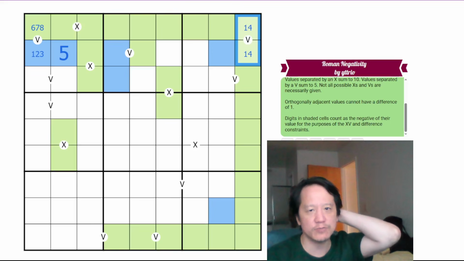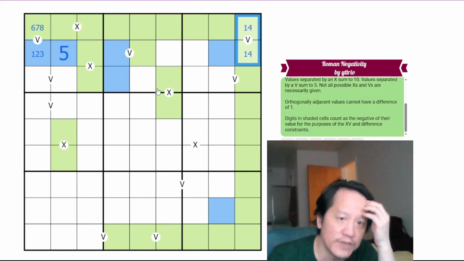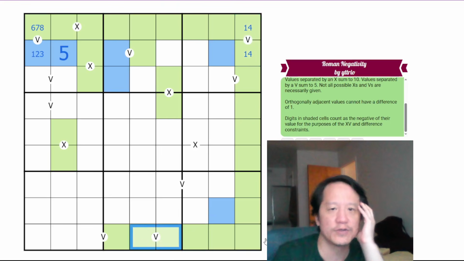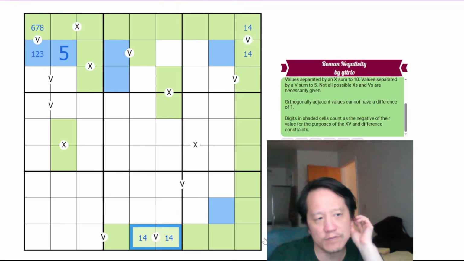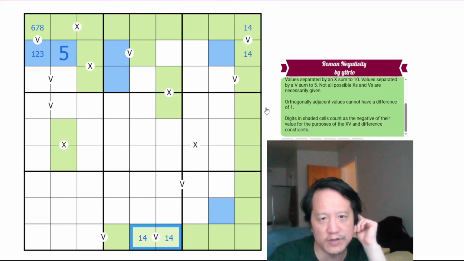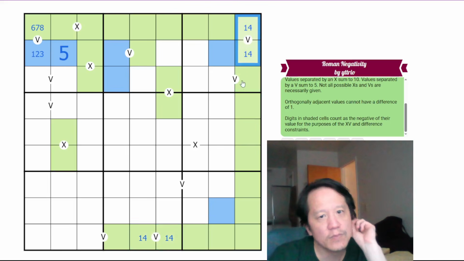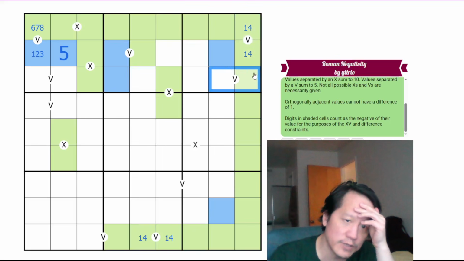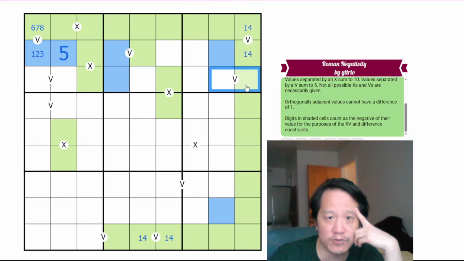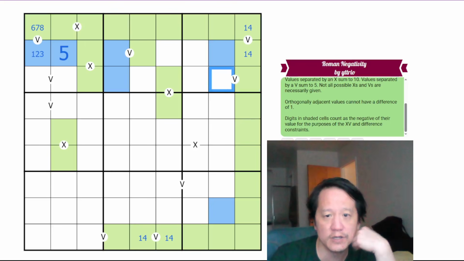It must be 1, 4. Actually, all the V's that are orthogonally adjacent and that are both positive values must be 1, 4. So this cannot be 2, 3 because that would force those digits to be orthogonally adjacent and have a difference of 1. So this must be blue here.